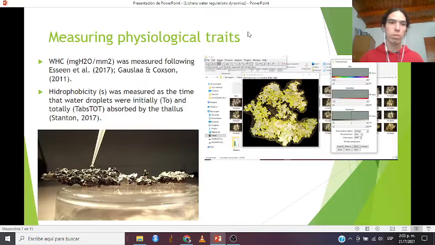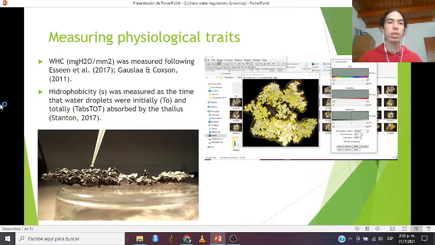So we measured this in the elevational gradient. We measured water holding capacity, and we measured the hydrophobicity by measuring the time that water droplets took to be absorbed by the thallus. This is an idea that I took from Daniel Stanton.